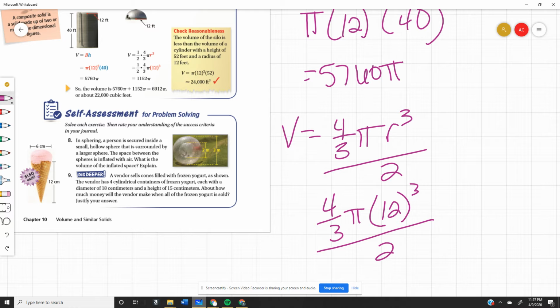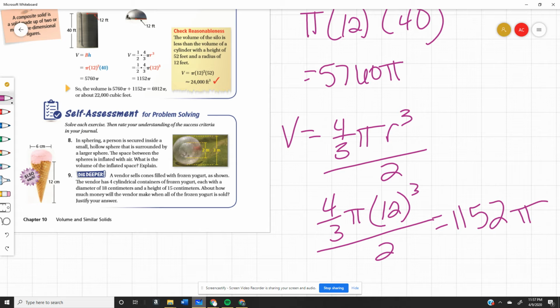So 12 cubed, let's start there. Trusty calculator. 12 cubed is 1,728 times 4/3 is 2,304. Divide that by 2, and we get 1152 pi.